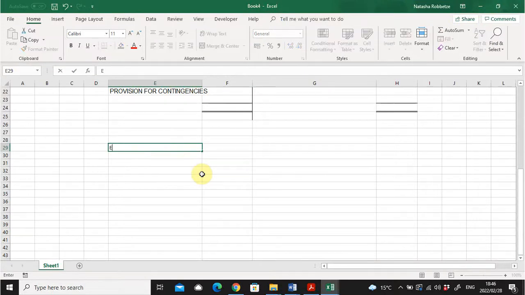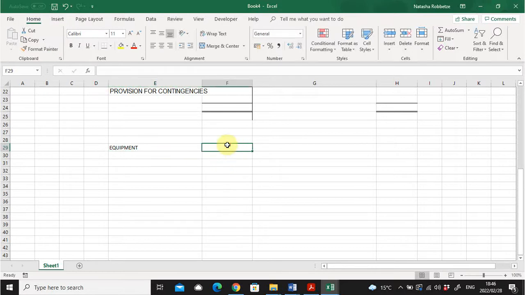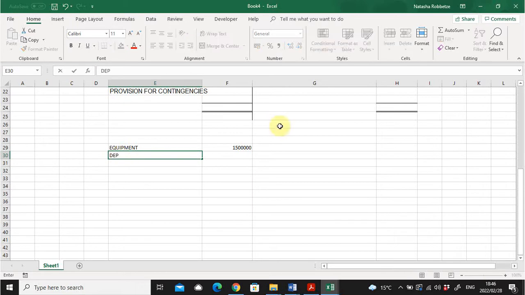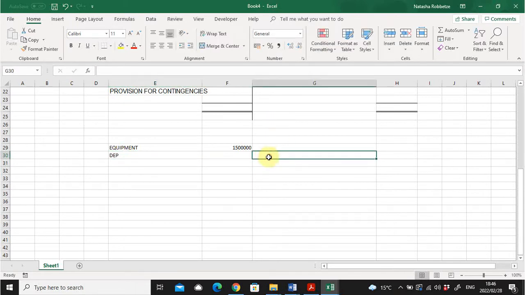The equipment has a value transferred to this site for the contract of 1.5 million. Then we need to calculate the depreciation, which will be based on the 1.5 million times the rate given, which was 20%.